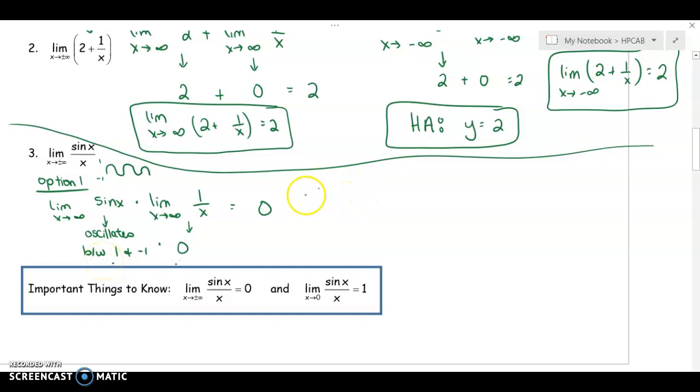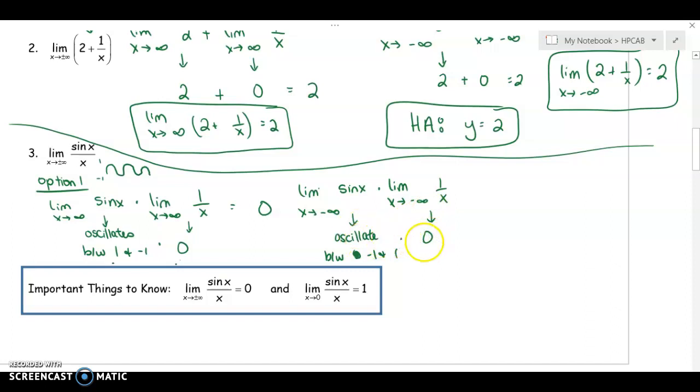For the limit as x approaches negative infinity, same thing, I'm going to split it up: sine of x times the limit as x approaches negative infinity of 1 over x. If we find the limit as x approaches negative infinity of sine of x, again, it's going to oscillate between negative 1 and 1. This guy, we know that it's going to approach 0.